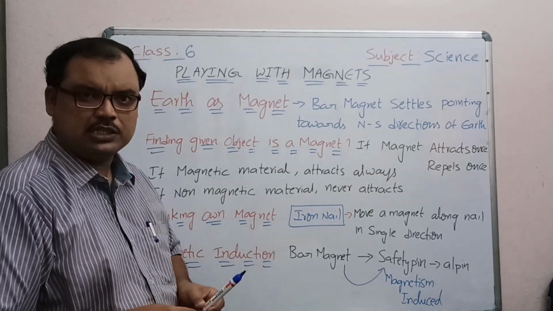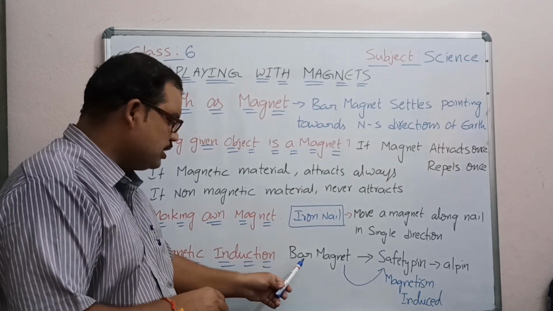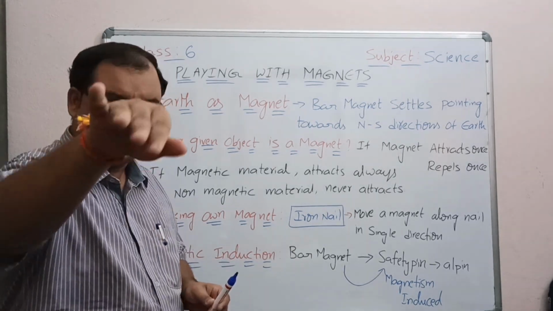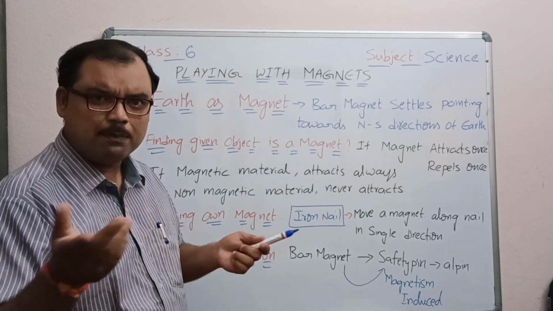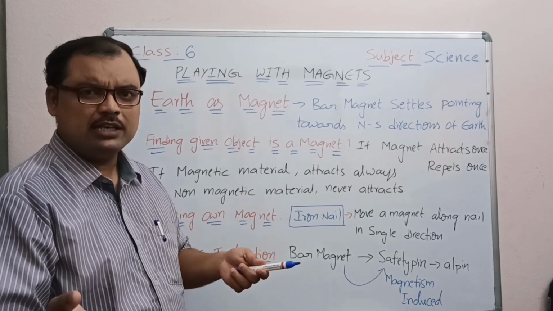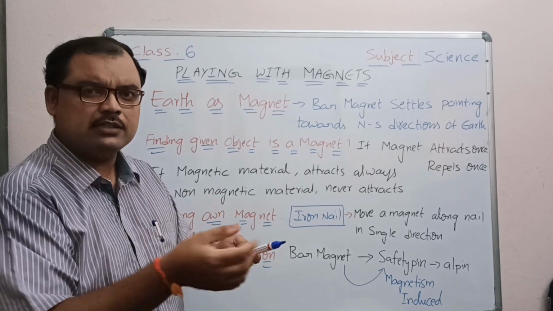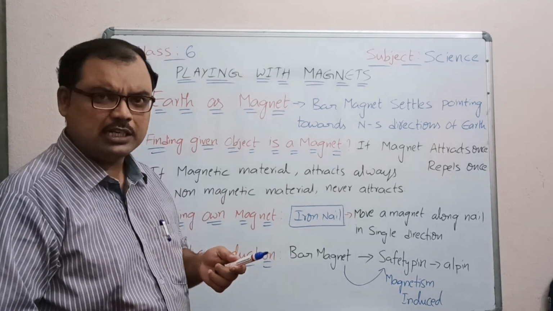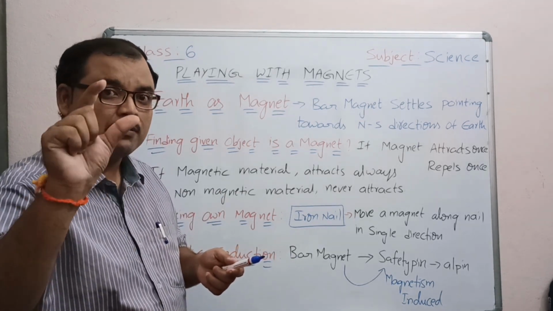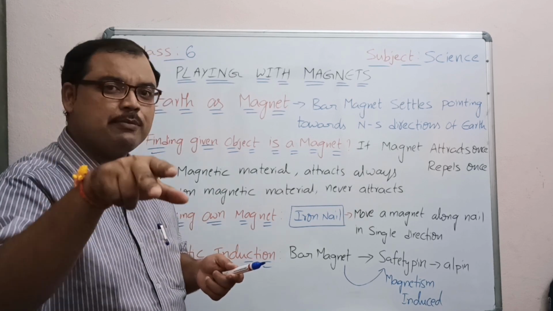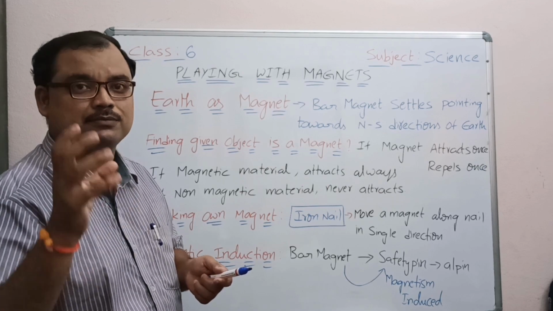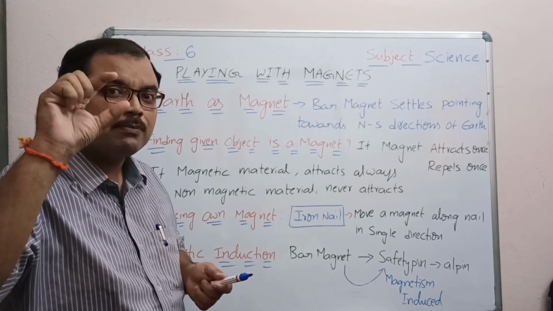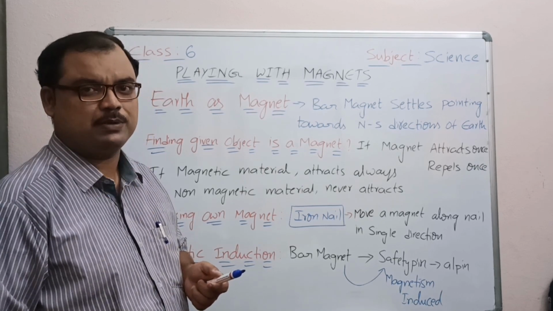First follow the procedure, then bring a safety pin close to the prepared bar magnet. What will happen? Naturally, the safety pin will be attracted to it immediately. Why? That bar magnet has the power of attraction, so-called magnetism. The magnet has the power, not the safety pin.